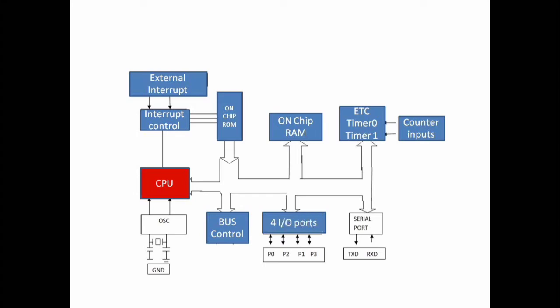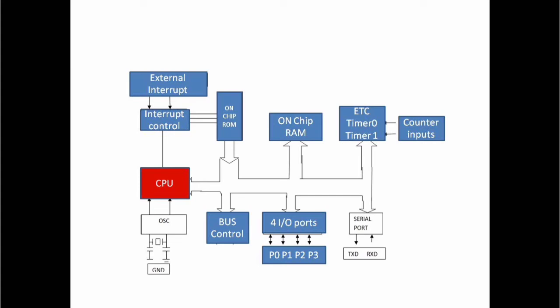The next is the 4 I/O ports. The 4 input output ports are used for communicating with the peripheral devices. Whenever you want to connect some sensors, in that case that particular port will act as an input port, and whenever you want to connect some LEDs or some output devices, in that case the port will act as an output port.